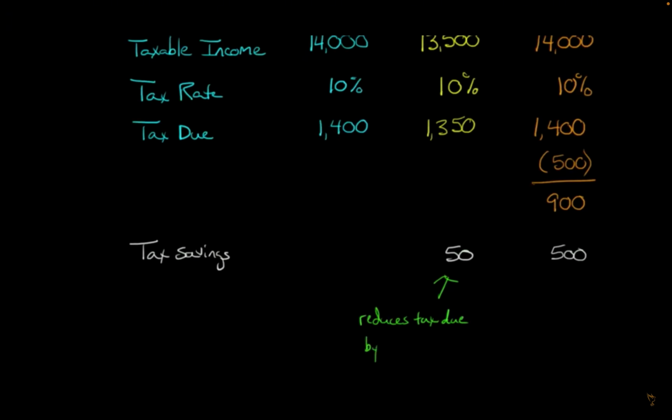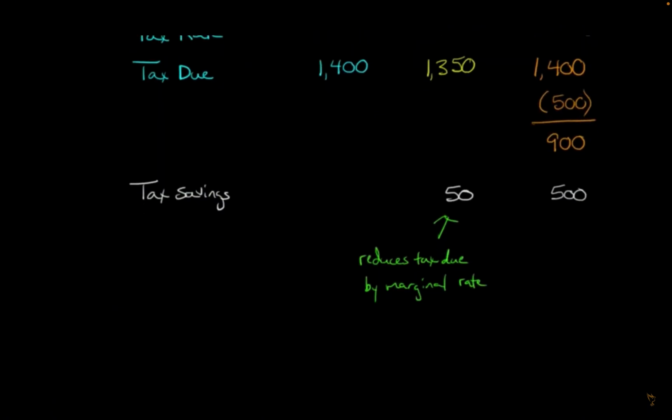In this case, 10%. So another way to think about it is we say, okay, well, it's a $500 deduction, right? But times the marginal tax rate we are paying of 10%, right? So it's really saving us $50, which is what we have right here, okay?